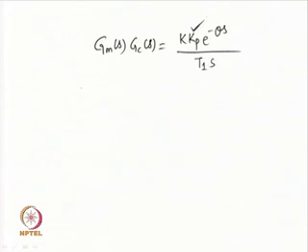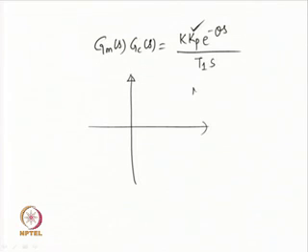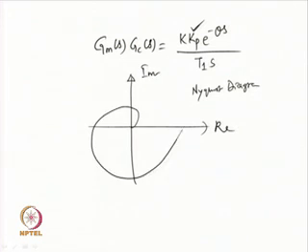Okay. Now, we know that from the Nyquist diagram, when the dynamic system has a plot of this form, the phase and gain margins can be easily obtained.